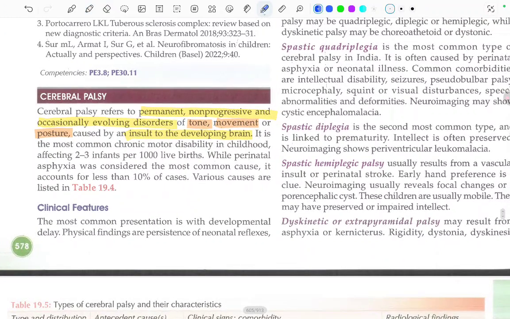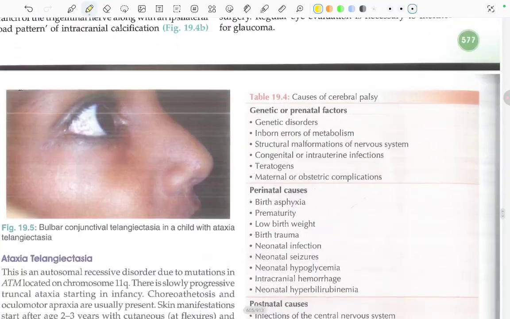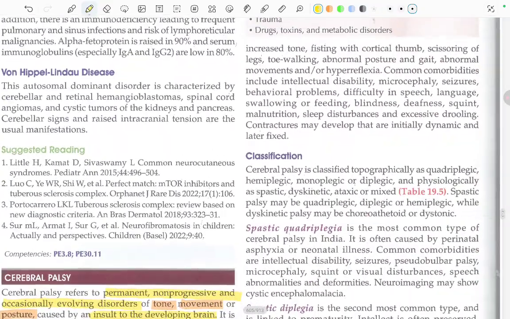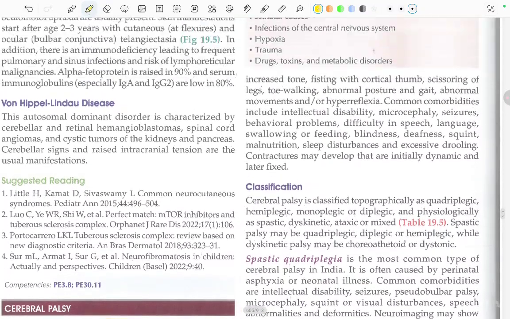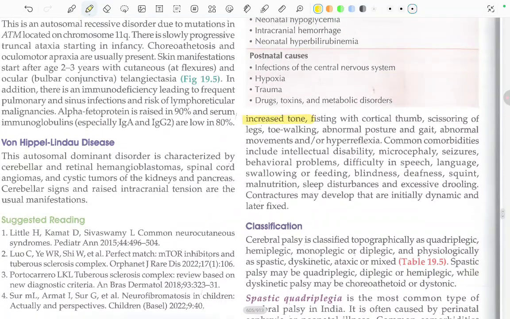Now talking about the clinical features, the most common presentation is with developmental delay. Okay, how will children with CP present? Mostly the presentation is with developmental delay. Physical findings are persistence of the neonatal reflexes. There will be increased tone, fisting with cortical thumb, scissoring of the legs on walking, abnormal posture and gait, abnormal movements and hyperreflexia.